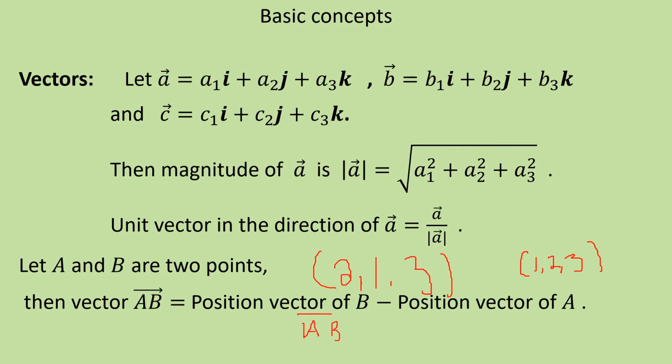That is (x2 minus x1) i, that is 1 minus 2, minus 1 i, plus (y2 minus y1), that is 2 minus 1, that is 1 j, plus (z2 minus z1), here it is 3 minus 3, 0 k. So for point A (2, 1, 3) and point B (1, 2, 3), vector AB is minus i plus j plus 0k.